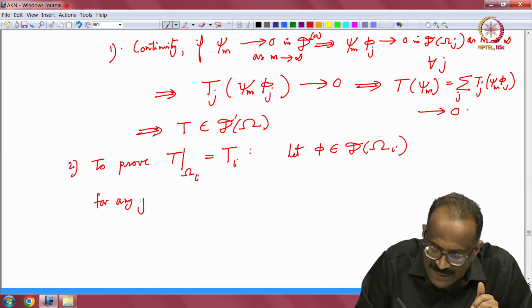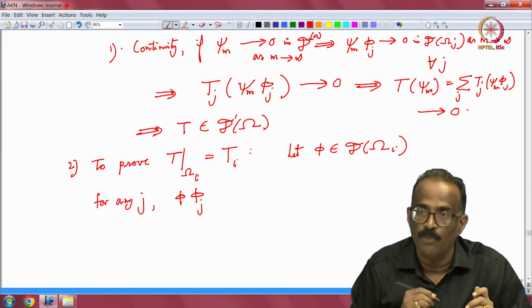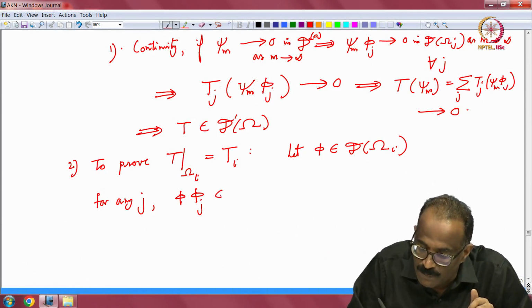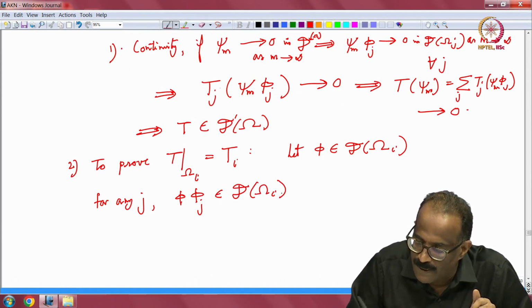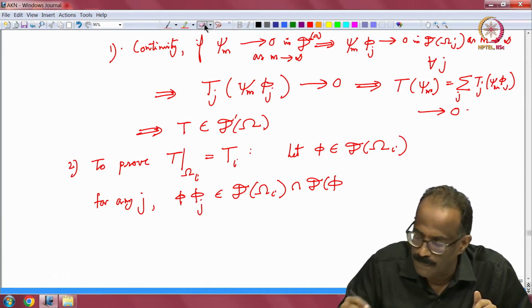So, for any j, phi j: phi has support in D omega I, phi j has support in omega I. So, this belongs to D omega I intersection D omega j. Sorry, D omega j.